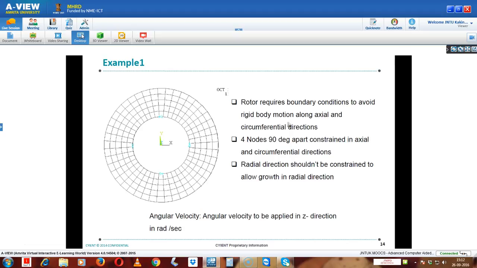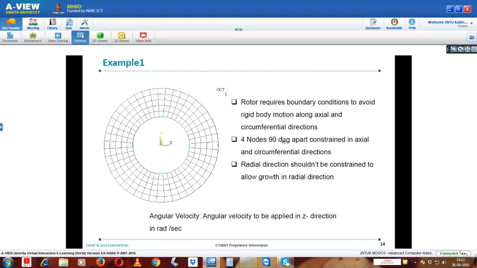For any rotor, to avoid rigid body motion, it should be constrained along the axial and circumferential directions. So we have taken four nodes, 90 degrees apart, and constrained the axial and circumferential directions. The radial direction should not be constrained.